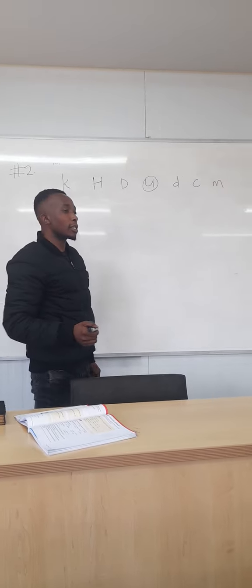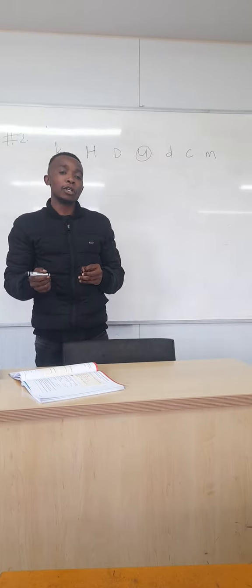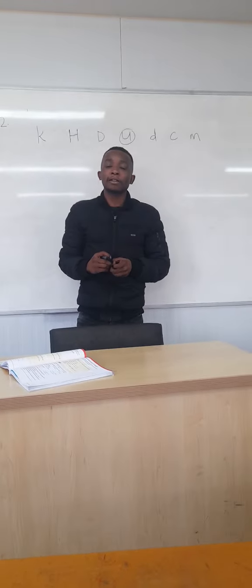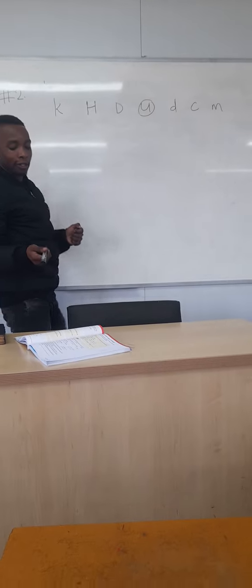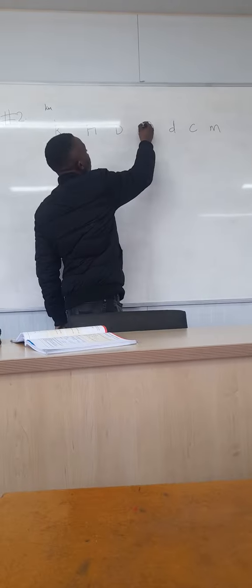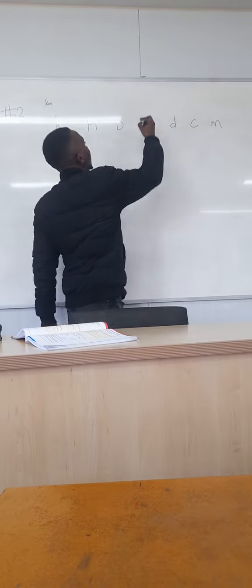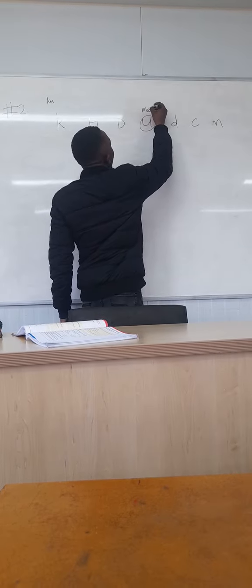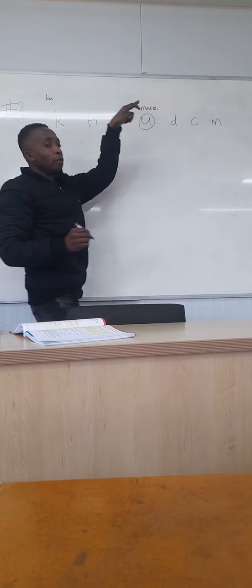So a base unit depends on whether you are given a unit of mass, or length, or capacity. So in our case here, we are converting the units of length. So the base unit of length is meter.